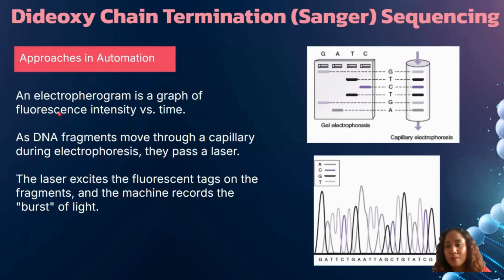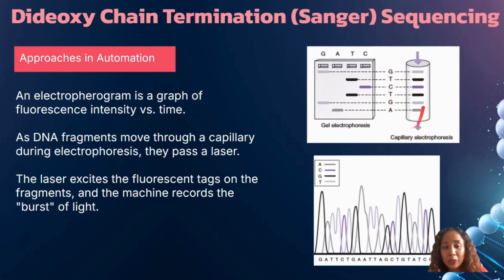Now, instead of manually calling out the sequence in your gel electrophoresis, there is an electropherogram. This electropherogram is a graph of the fluorescence intensity versus time. The DNA fragments will move in your capillary electrophoresis and pass through a laser.